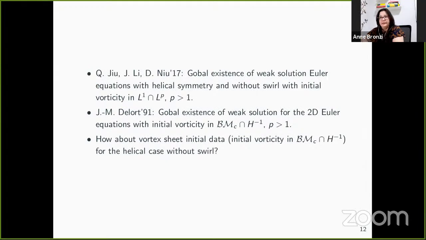then some years later, Jiu, Li, and Niu were able to prove the same result, the global existence of weak solutions with helical symmetry and without swirl on the whole domain, but assuming that the vorticity is L1 and Lp for p greater than 1. Okay, so they improved our result.